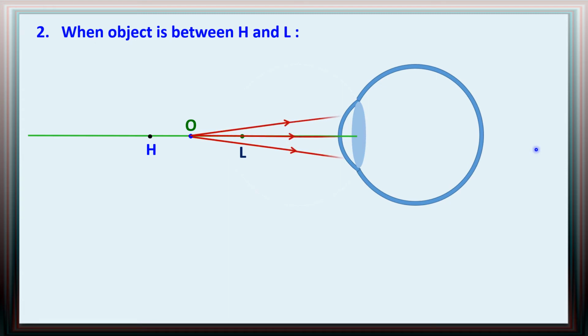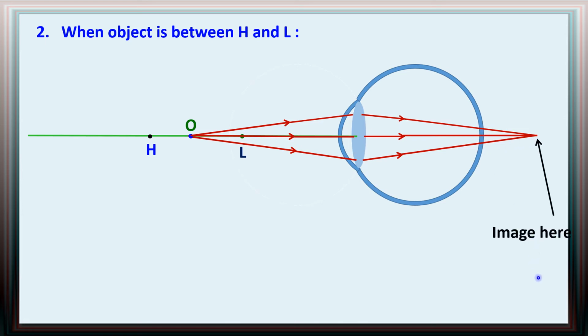See here, these are the refracted rays, and these refracted rays, if they pass through the retina, will form the image here. That's why the image is not seen clearly in this case also.